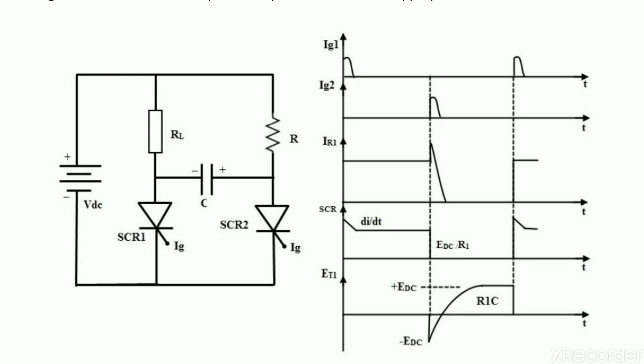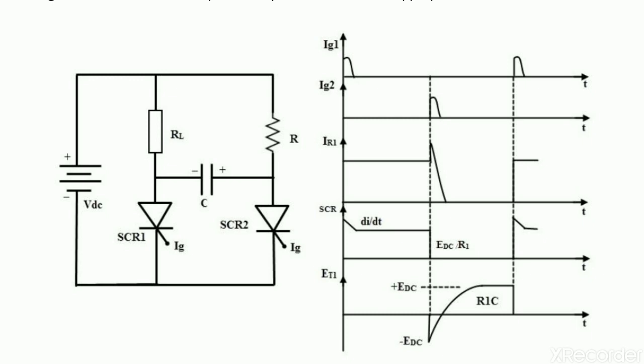But at the same time, if we trigger SCR2, the complementary SCR, the polarity across its anode and cathode is suitable for triggering, that is at the anode there is a positive voltage. As soon as we trigger SCR2, the capacitor will discharge through SCR2.